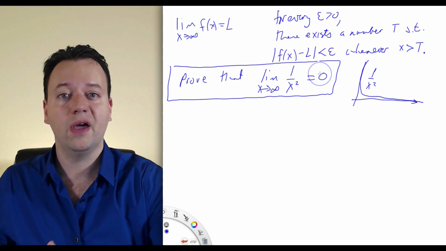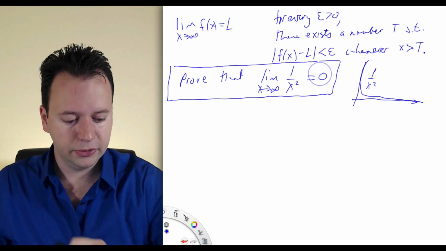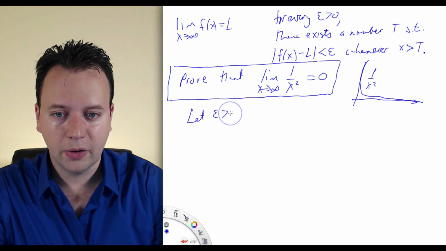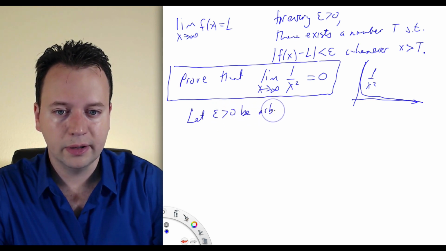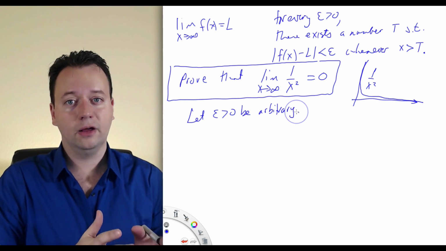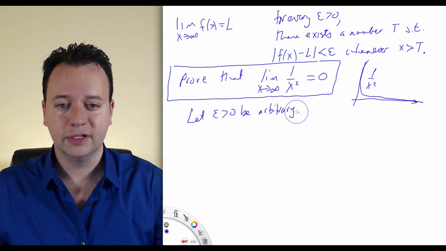I should tell you how long you have to wait until you're within that epsilon tube. So to start the proof, we say let epsilon greater than 0 be arbitrary. Basically whatever follows will be valid for any size epsilon greater than 0.